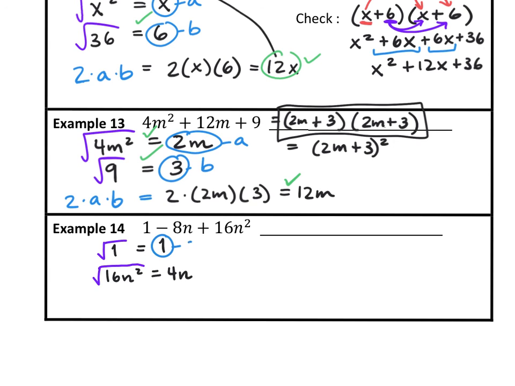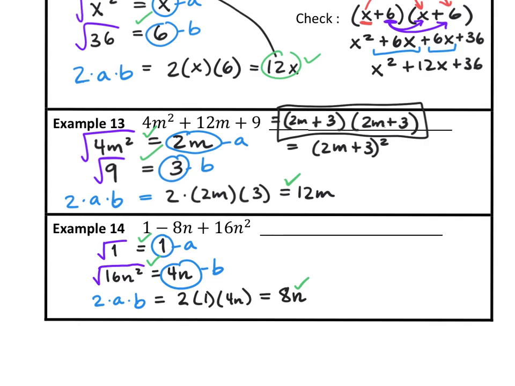So that's my A and my B. But I need to check, what do I get if I multiply 2 times A times B? What's 2 times 1 times 4n? 2 times 1 is 2. 2 times 4 is 8. 8n. So I could square root the first one, I could square root the last one, and this matches the middle term, 8n.